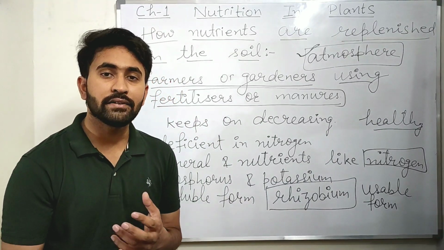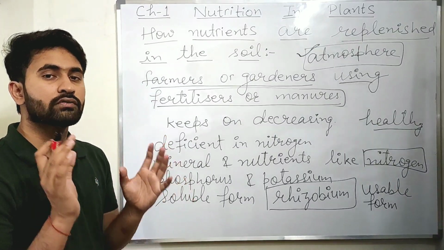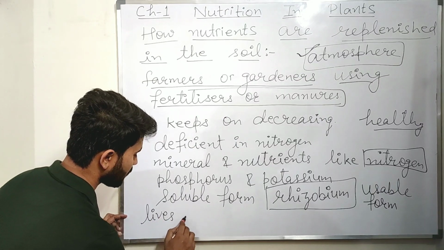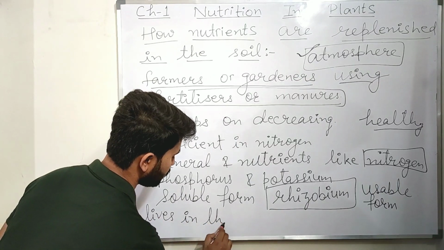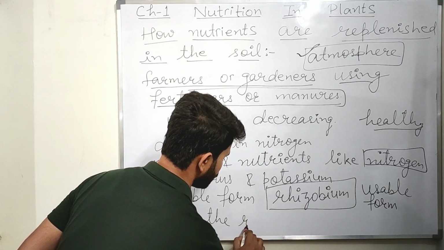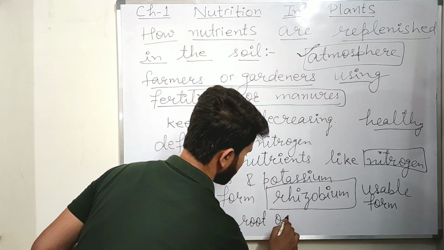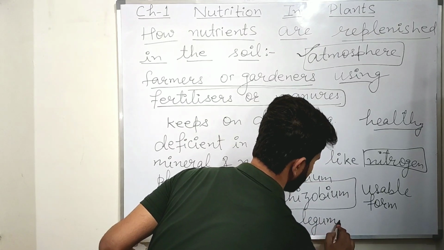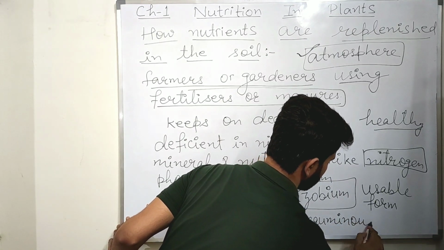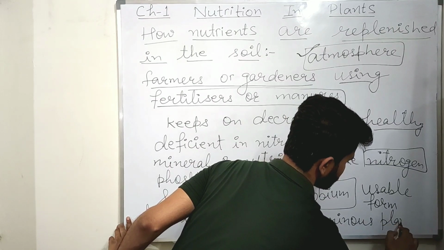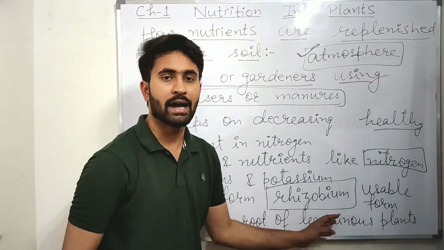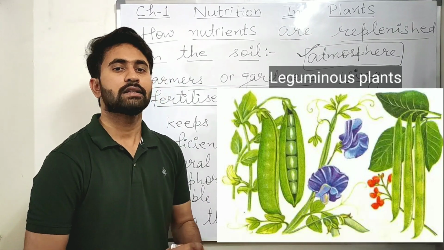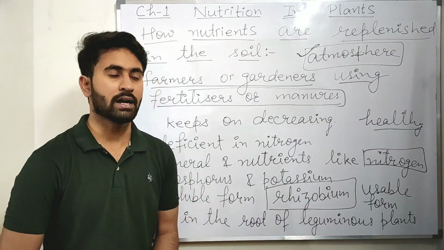So it lives in the roots of leguminous plants, like pea, gram and pulses.